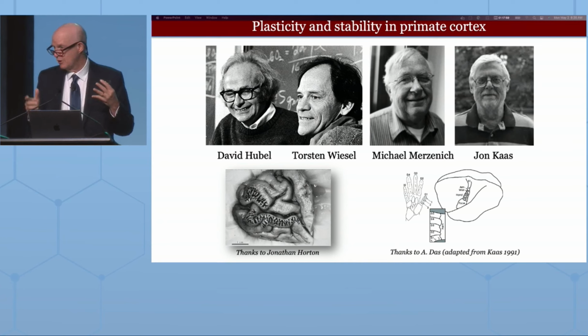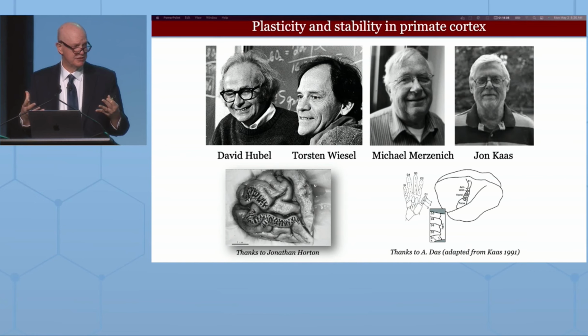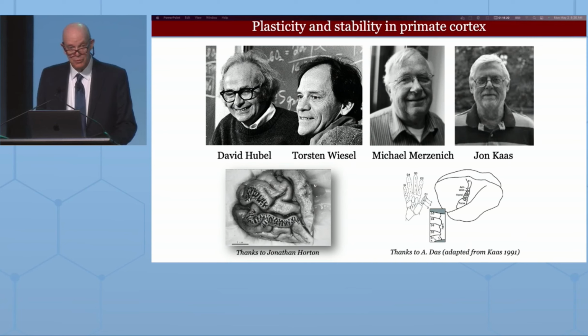And people thought, well, okay, critical period is something that happens during development in the young, but after that, the brain is relatively stable. And at that time, in the late 90s and 2000s, Mike Merzenich and John Kaas and others were saying, whoa, this is just not so. There's a lot of adult cortical plasticity. And so we were interested in this to see whether we could characterize it and measure it and so forth.